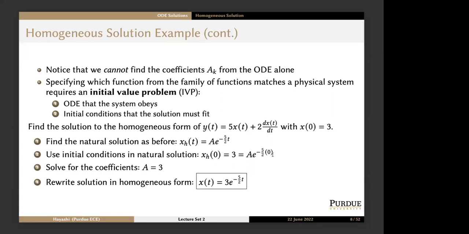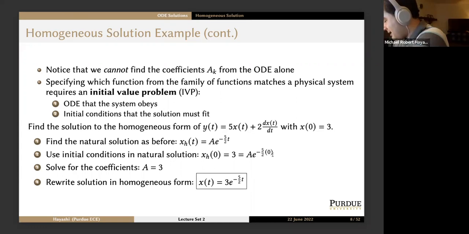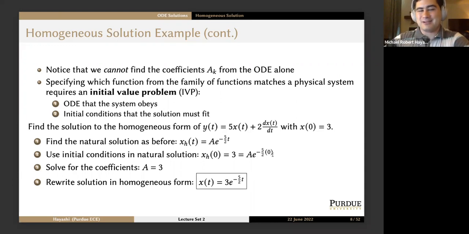Remember, e to the 0 equals what? e to the 0 equals 1. So e to the negative 5 halves times 0 is e to the 0, which is the same thing as 1. So we're saying a times 1 equals 3, or a equals 3.